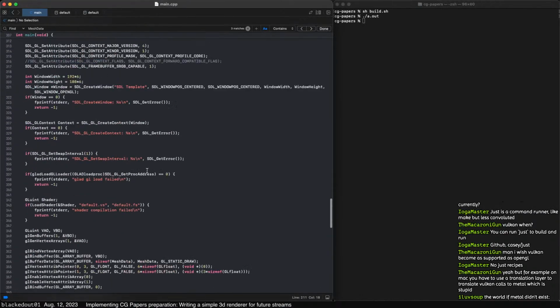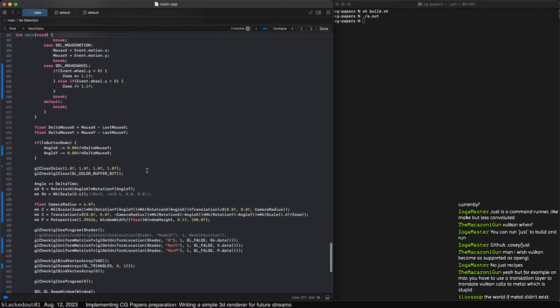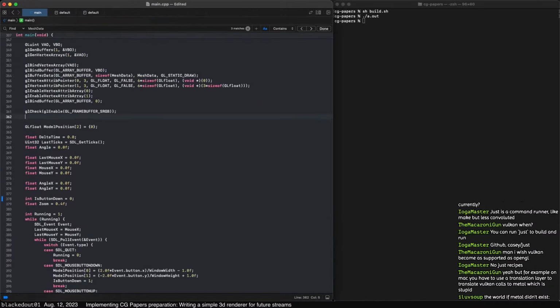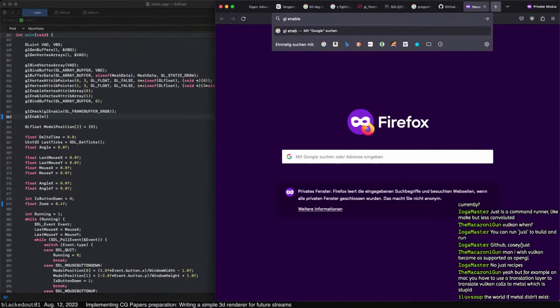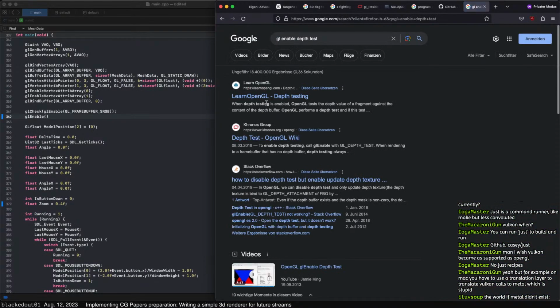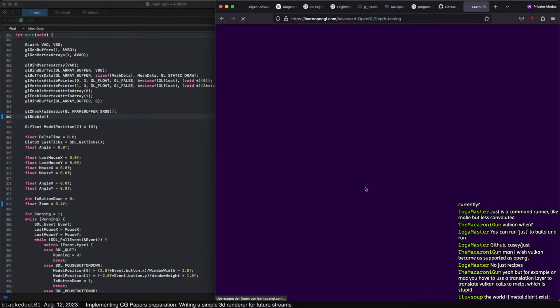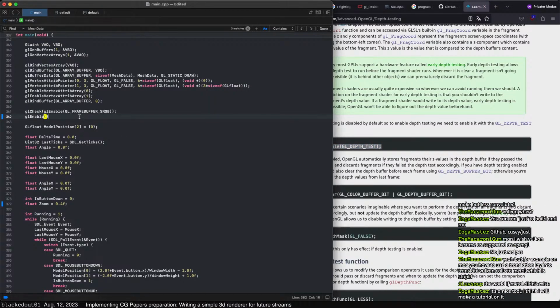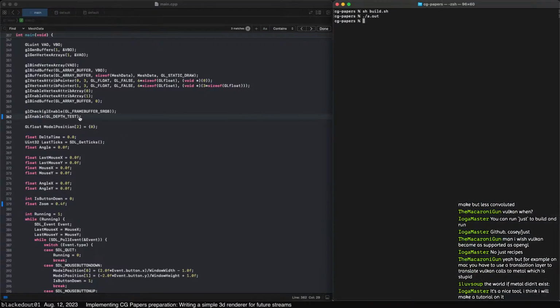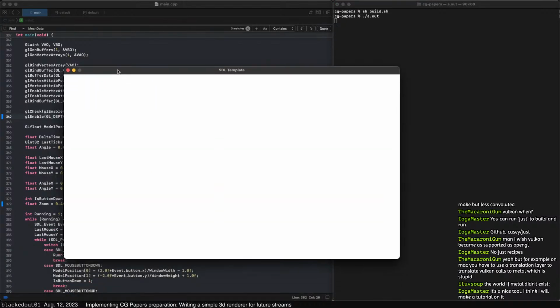So the last thing I want to enable here is depth testing. Enable depth. I don't know how to enable the depth test. All right. Okay. Okay, yeah, I would watch the tutorial.